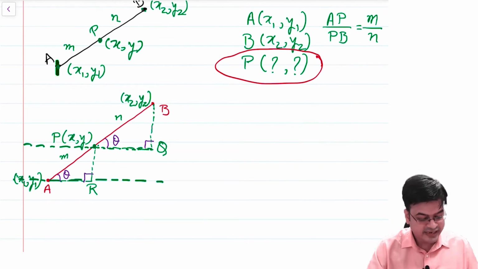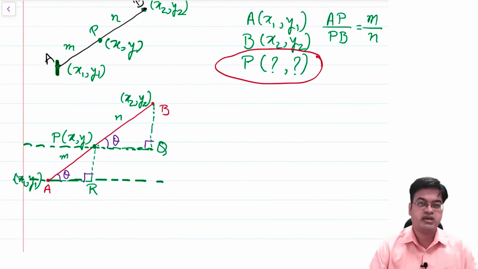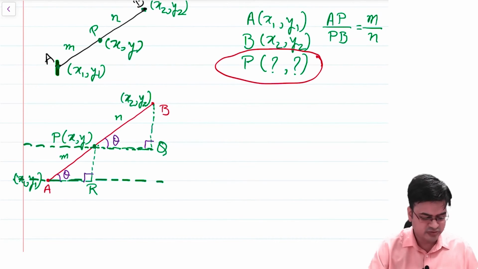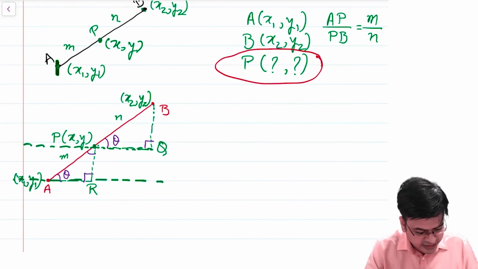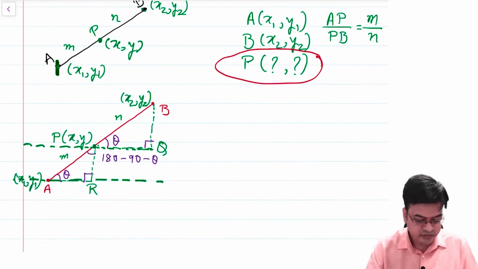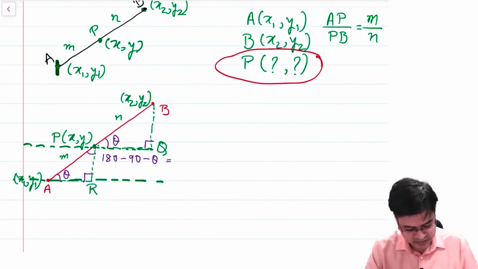Now if you look at any triangle, let us say triangle ARP, what is the total sum of all the angles? It is simply 180 degrees, which is an elementary fact in basic geometry, no need of coordinates. Now you can use that fact and say that this angle will be 180 minus 90 minus theta, which essentially reduces to simply 90 minus theta.